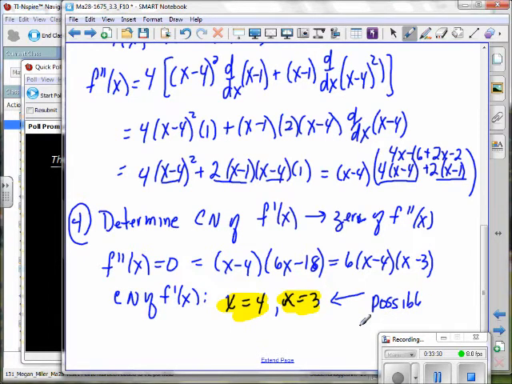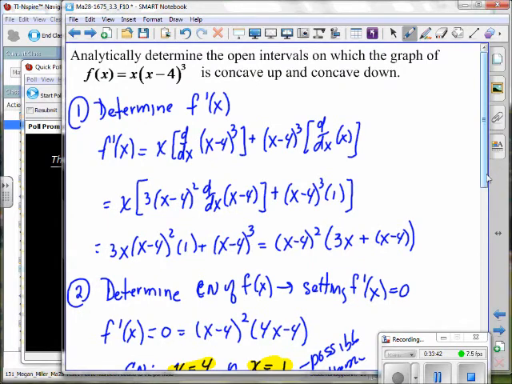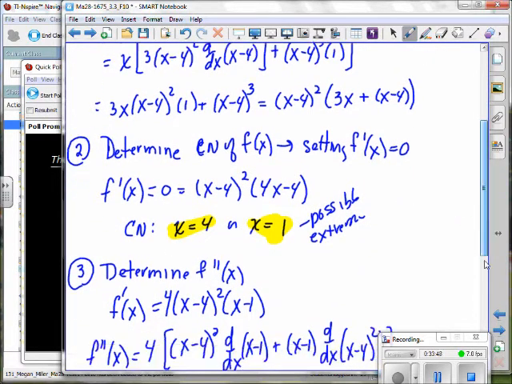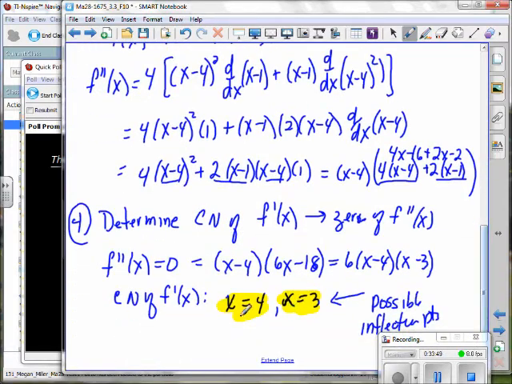Where does concavity change? Inflection points, possible inflection points. But I got a problem. Up here I said x equals 4 is a possible extrema. And down here I'm saying it's a possible inflection point. Can it be both? And what does it look like?